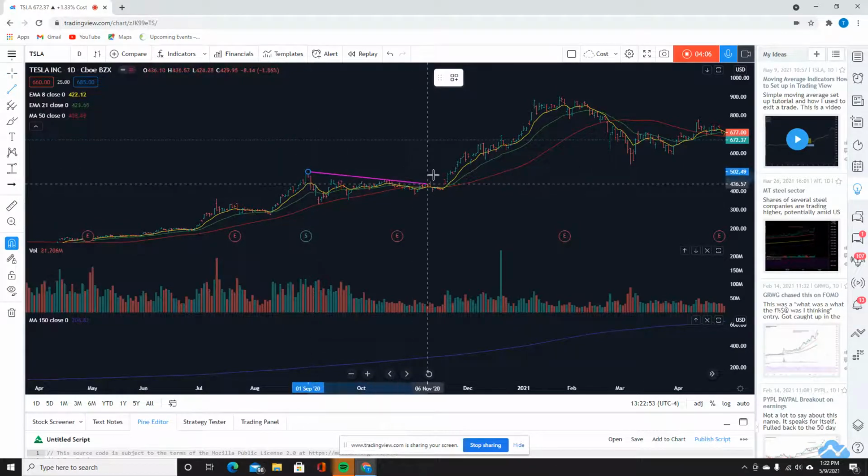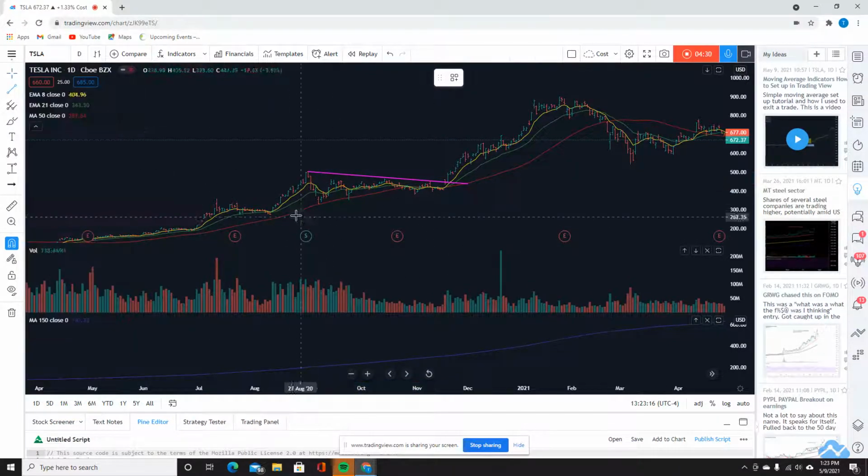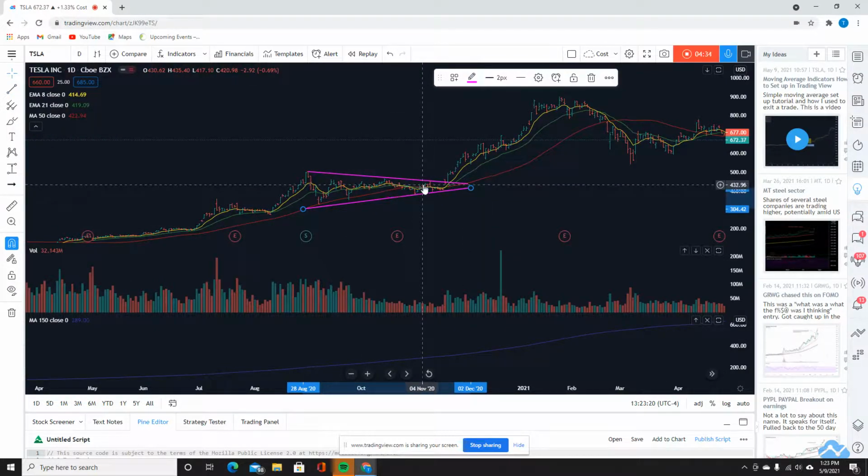But right here I was in Tesla and then I got out, and Tesla was just moving sideways, not making very much progress, basically doing what's called a little bit of a contraction pattern. And then it tightened up on this corner. You can almost draw a triangle here. And it really tightened up and started contracting. And usually that's a very good sign.